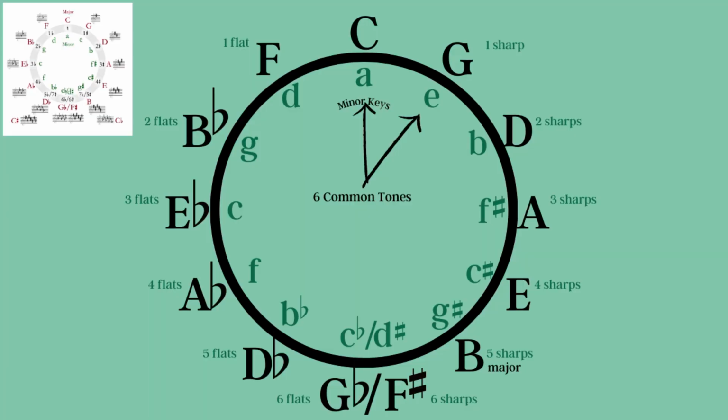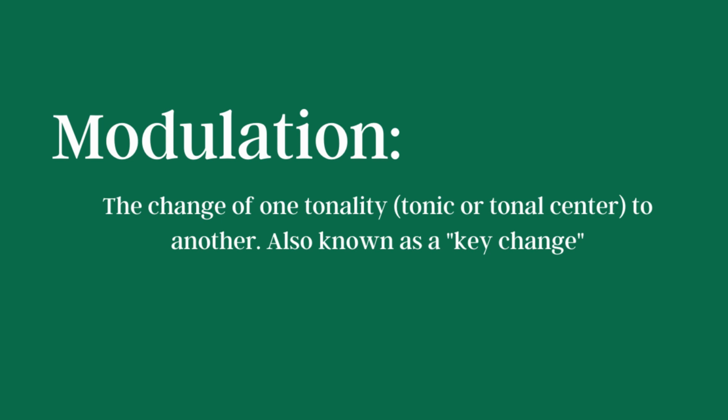C and G share 6 common tones, while C and A only share 4. You can use this to your advantage while you're writing. If you want a chord that's going to be surprising, unexpected, etc., you'll want to experiment with the ones opposite your root note. We haven't gotten to the concept of modulating yet, but modulation is the change of one tonality to another. In other words, it's a key change.